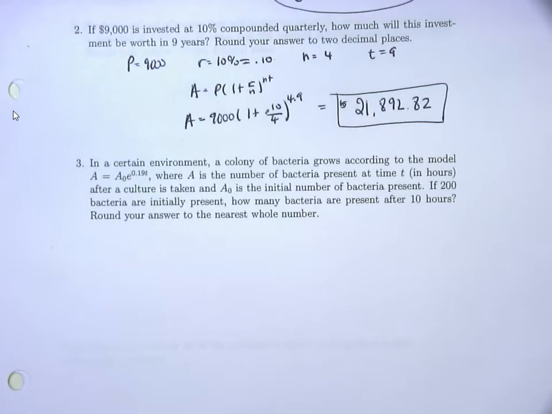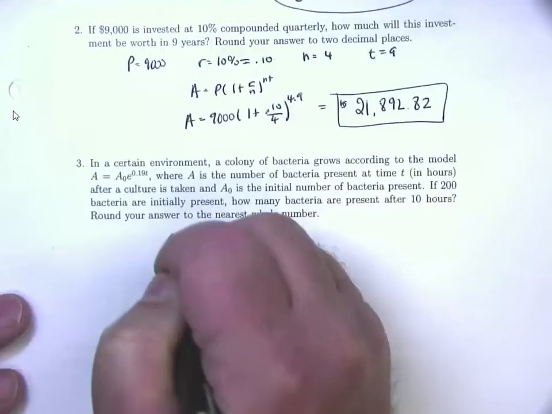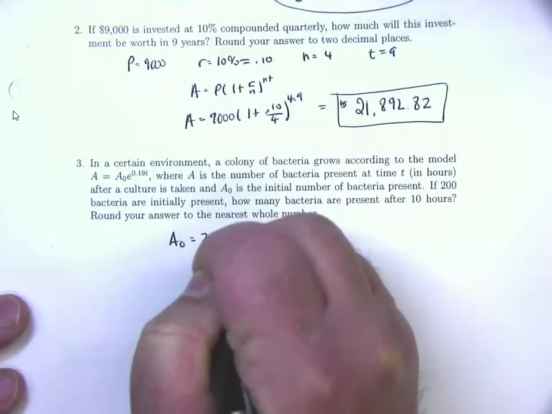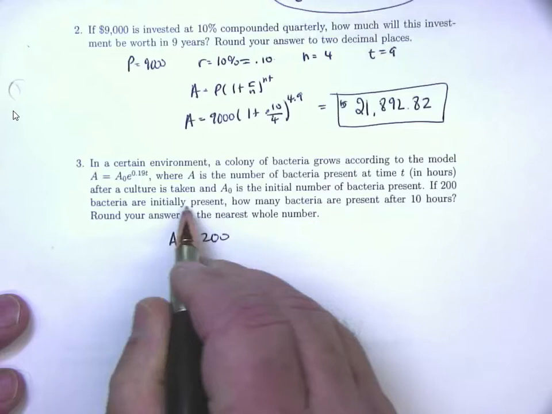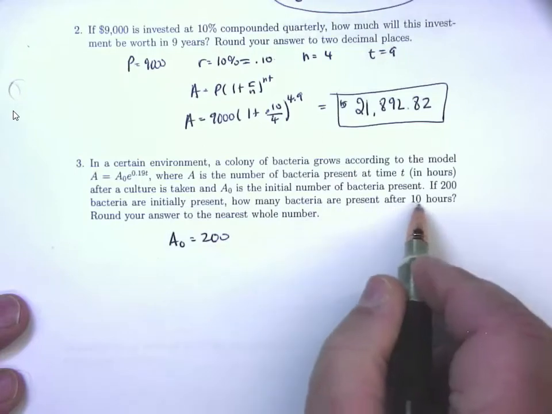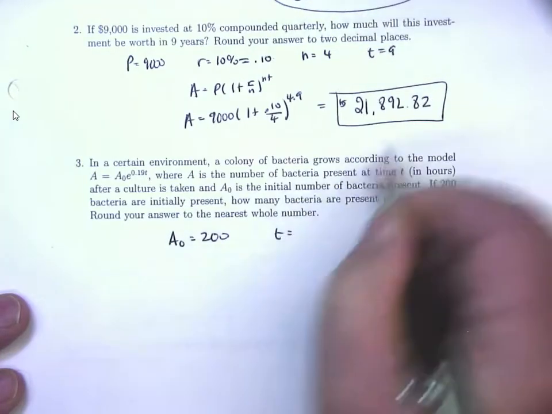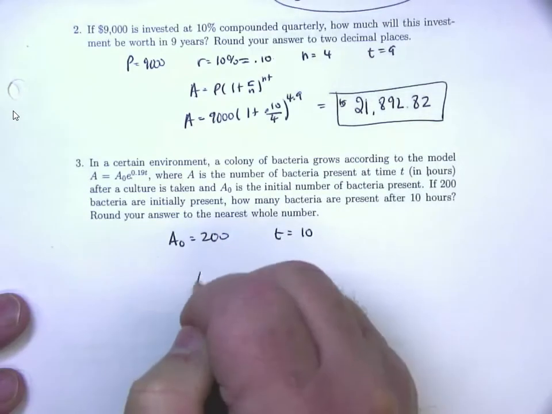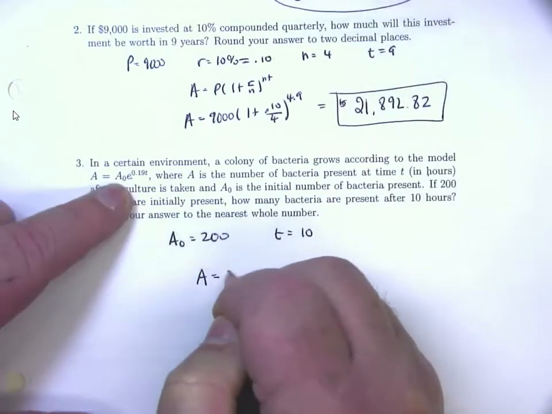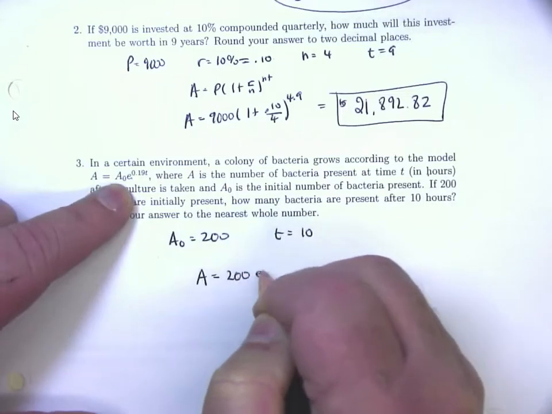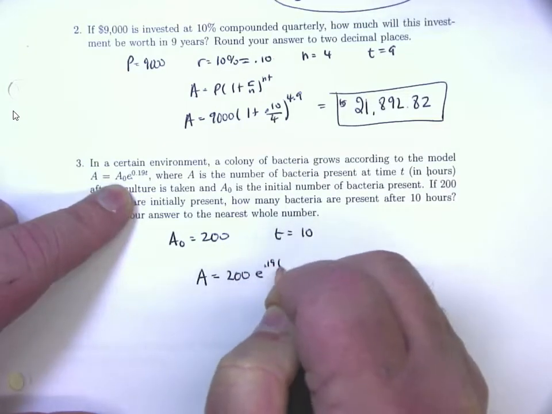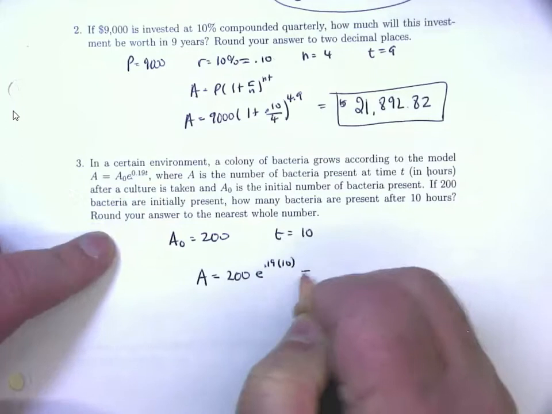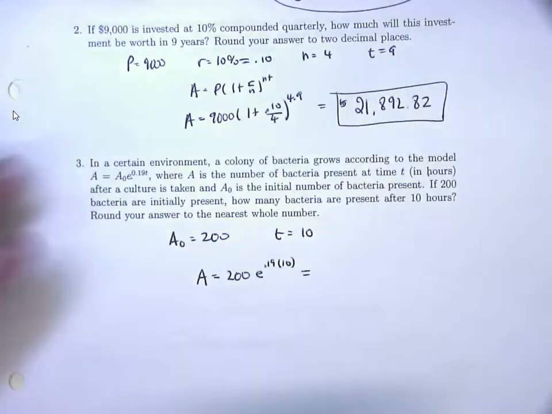If 200 bacteria are initially present, that tells me A0 is equal to 200. How many bacteria are going to remain after 10 hours? So my time, because time is measured in hours, is going to be 10. So I'm going to plug it into my formula. A is going to be equal to A0, which is 200, e to the 0.19 times 10. And then they want me to round this one to the nearest whole number.